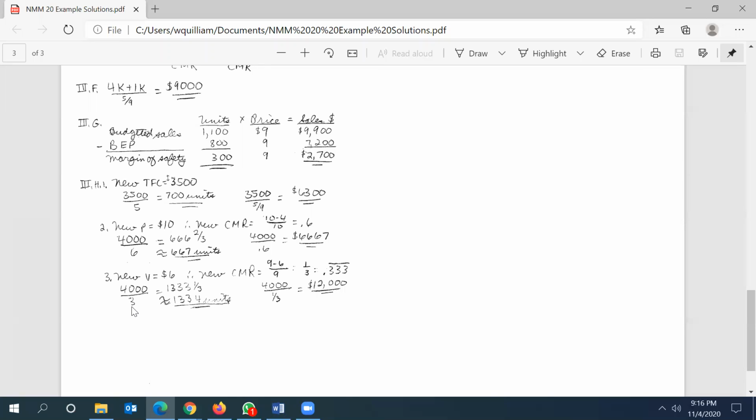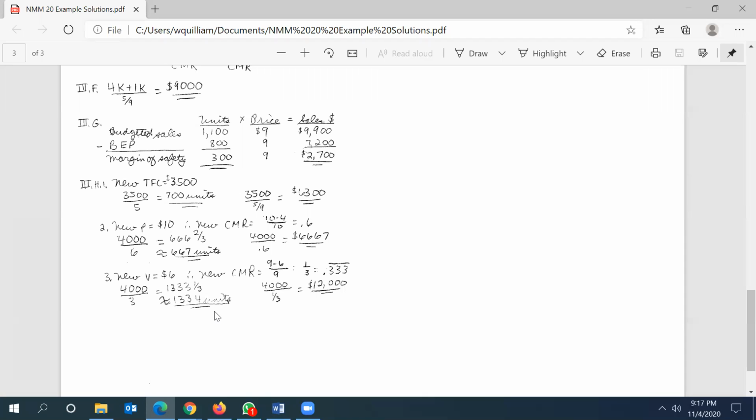Now, if we go back to a new break-even point in terms of units, well, take $4,000, again the original total fixed, divide by the new contribution margin per unit of 3. That will give us 1,333 1/3 units. Can't sell a fractional unit, so let's round up. We always do that by convention.